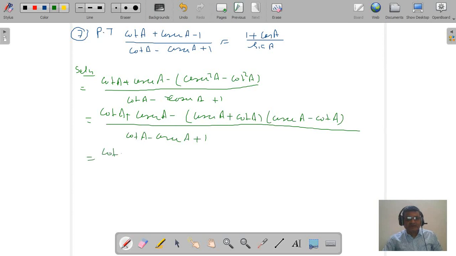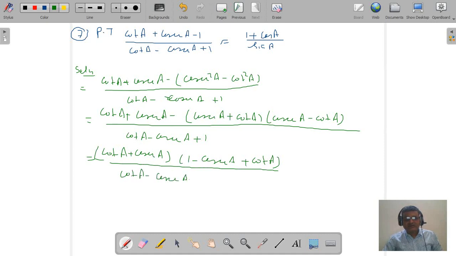Now we are taking common cot A plus cosec A. So (cot A plus cosec A)(1 minus cosec A plus cot A) whole divided by cot A minus cosec A plus 1. This gets cancelled.